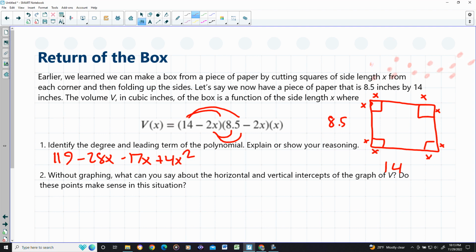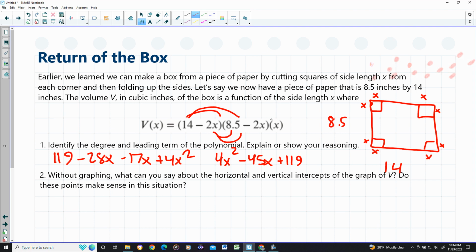Now we're going to combine our like terms. And so 28 and 17 combine to give you 45. And so what you're going to have is 4x squared minus 45x plus 119.